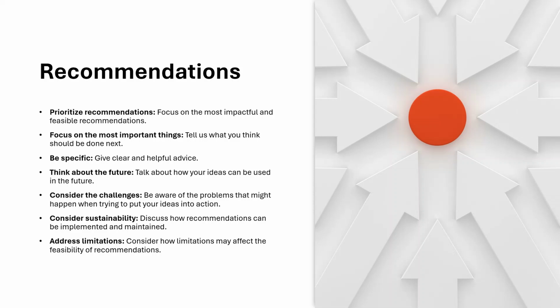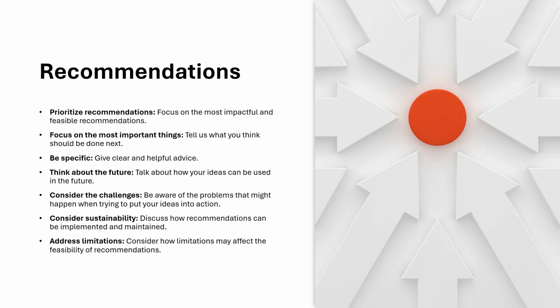The recommendations then are a prioritized kind of list of things that are impactful and feasible ideas to improve the current situation. So your recommendations should be prioritized with the most impactful and the most feasible, the easiest to do, first, going down the list, becoming less and less attractive.